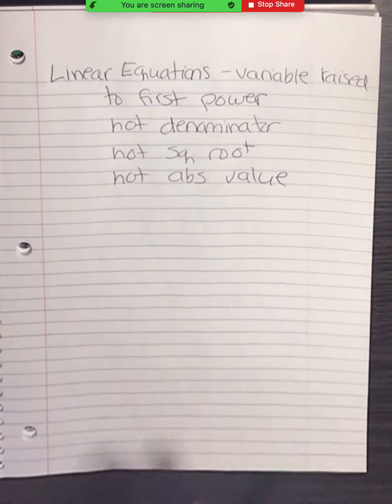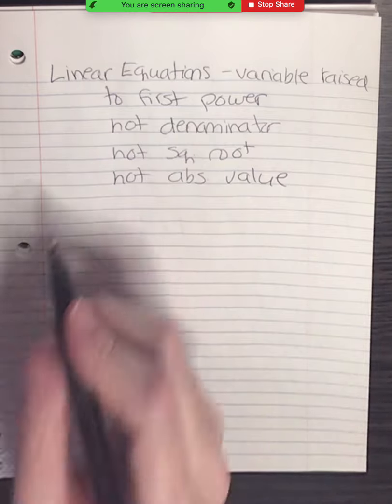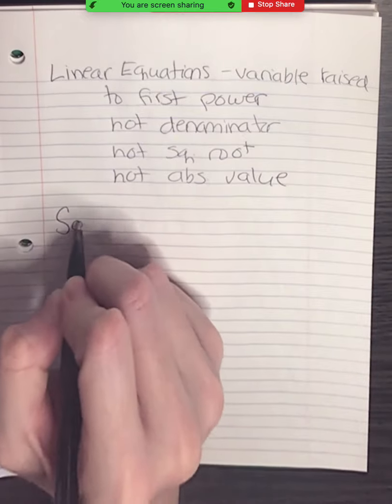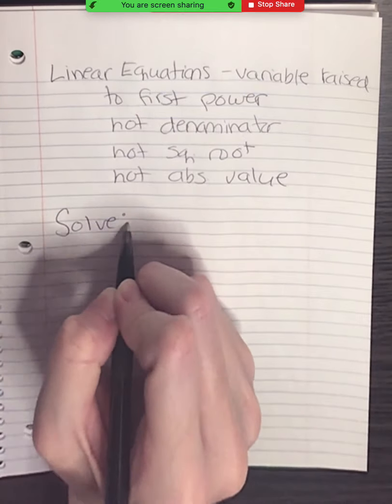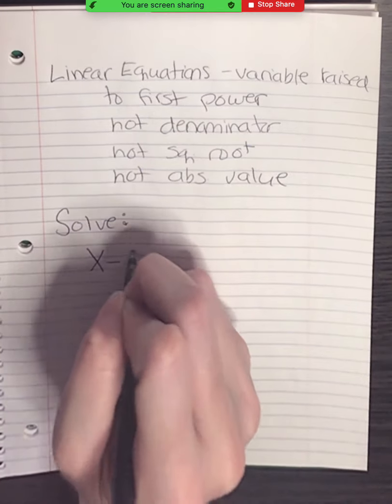So we want to solve x minus 9 equals negative 17, right? So to solve, what that means is we want that variable completely by itself, okay? So we look at our equation and we say, all right, here's my x, so here's my variable.